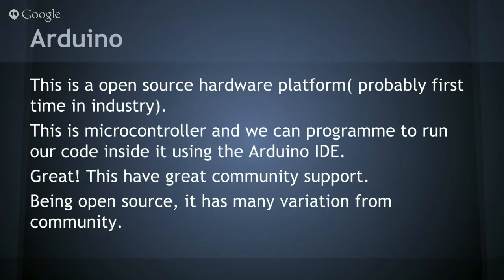GPIO has two types of input and output: one is analog, one is digital. Analog means it directly gets the fractional value. Digital will have one on and off type of value. So based on that, you will have an analog sensor or a digital sensor, so you can find what you need in your IoT devices.